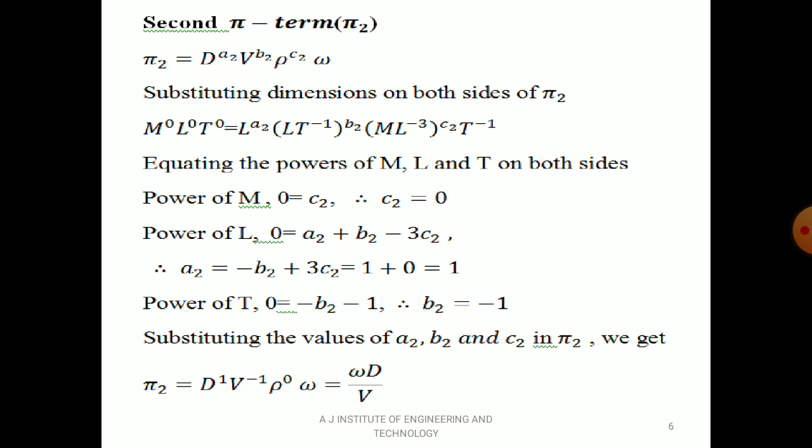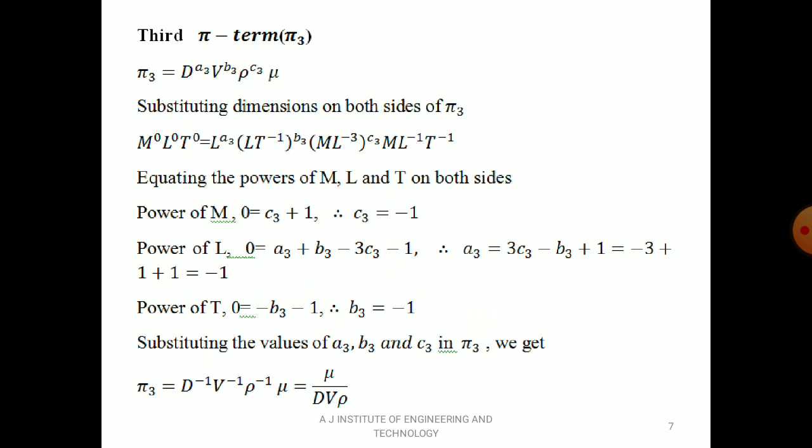Now substituting the values of a2, b2, c2 in pi 2, we get pi 2 equals d to the power 1, v to the power minus 1, rho to the power 0 into omega. Upon rearrangement, taking a quantity with negative power to the denominator, I get the expression for pi 2 as pi 2 equals omega d divided by v. So that is the expression for the second pi term.